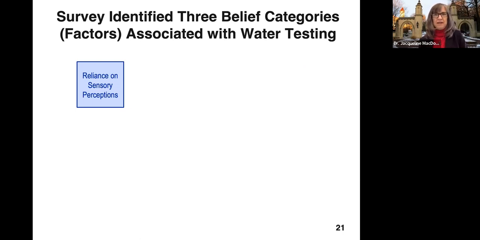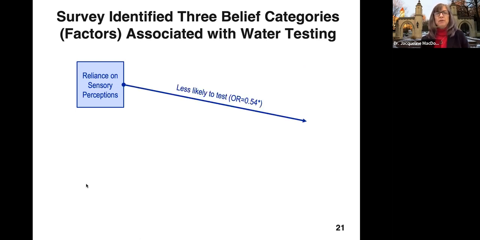That is the belief that as long as the water tastes good, smells fine, and looks clear, there's no need for a formal test. And so those that believe more strongly that they could rely on their senses were a lot less likely to get a water test. So this is just the odds ratio really showing that for every unit change in the strength of this belief, the chances that people would get a water test decreased by almost 50%.